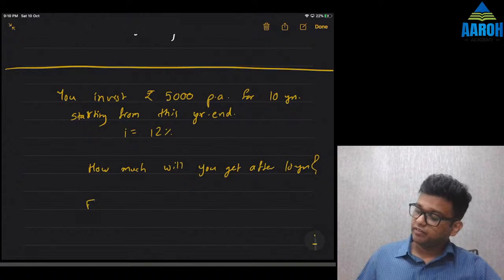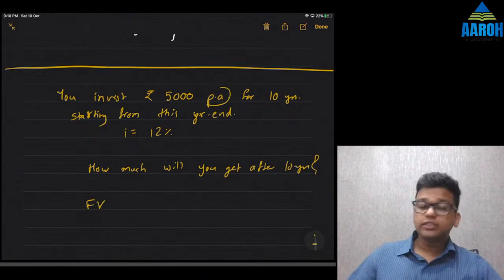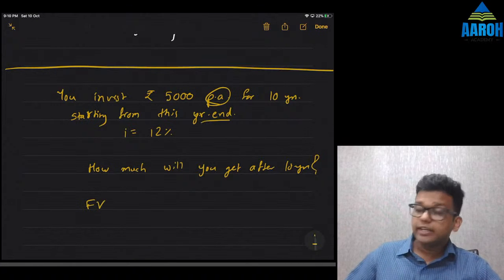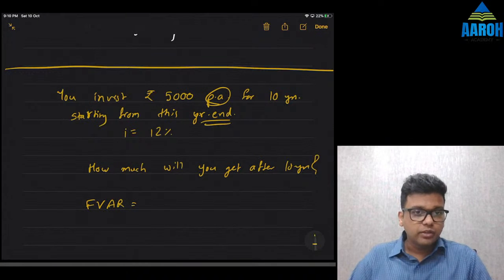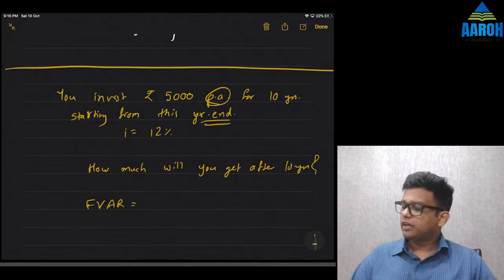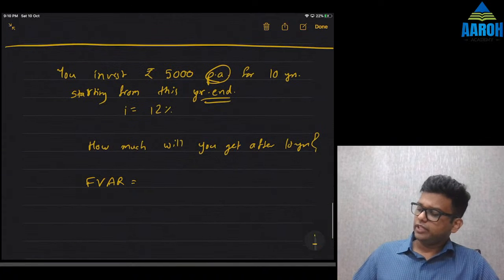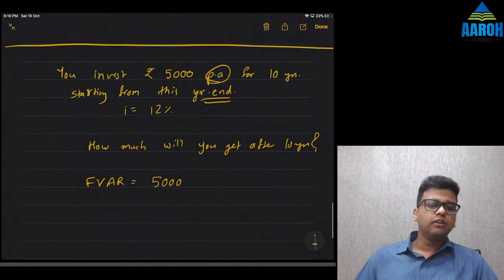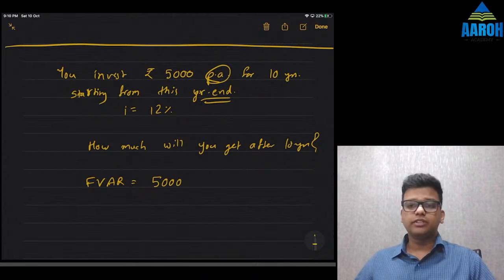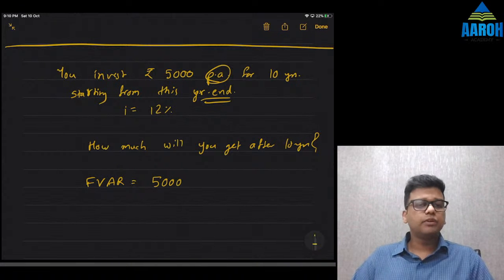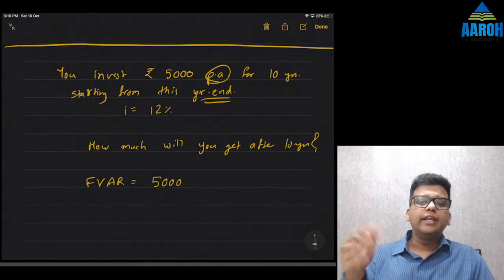So we have to find future value, and this is an annuity because this is per annum and starting at the year end, that means annuity regular. So this is future value of annuity regular. Try to find it. A into 1 plus I raised to n minus 1 upon I. Try it by yourself. 1 plus I is 1.12, raised to n, raised to 10.